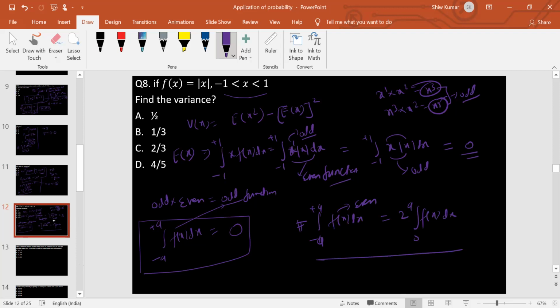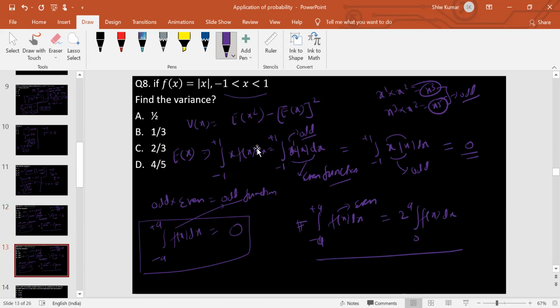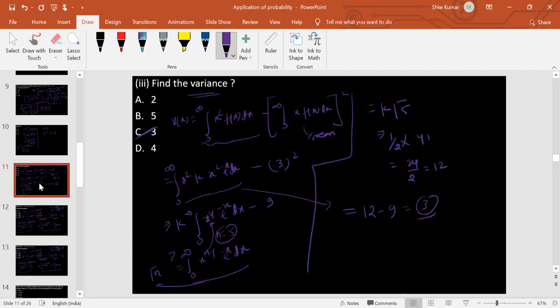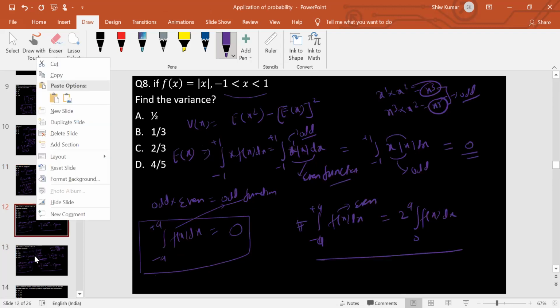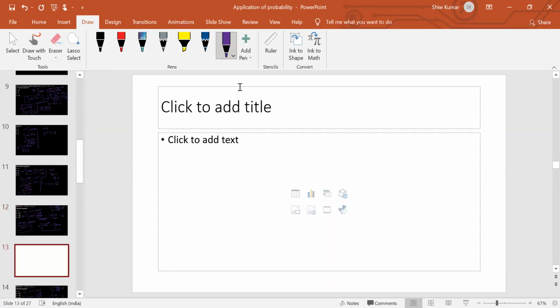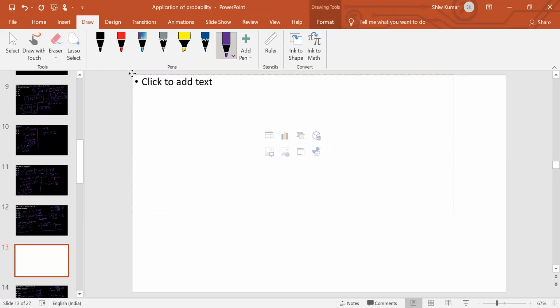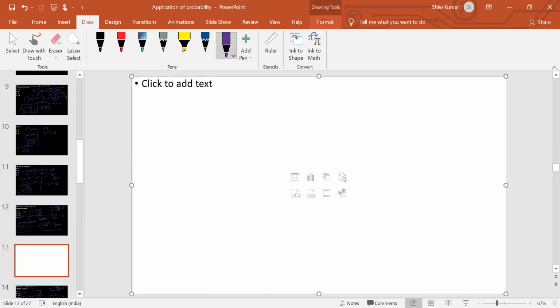So we'll check how you find the next. Okay, now we'll try to find the expectation of x whole square.